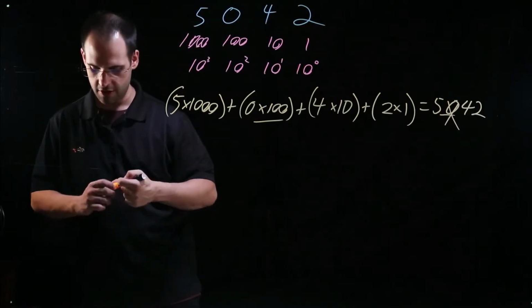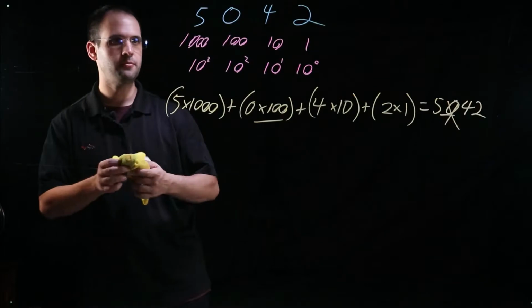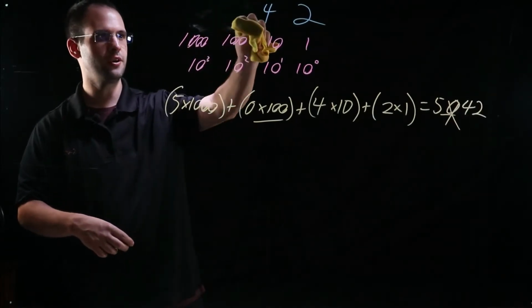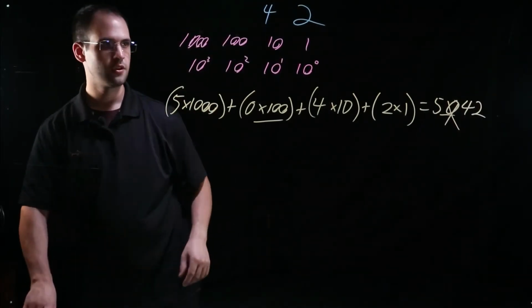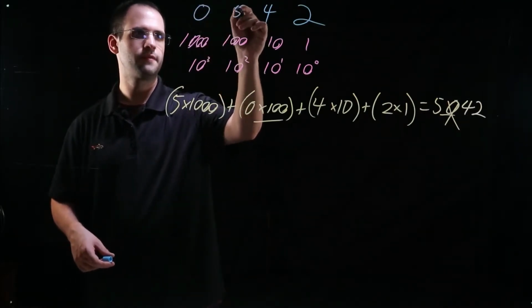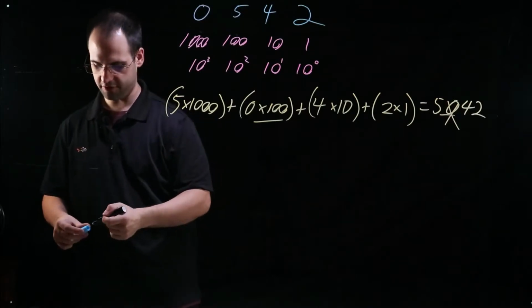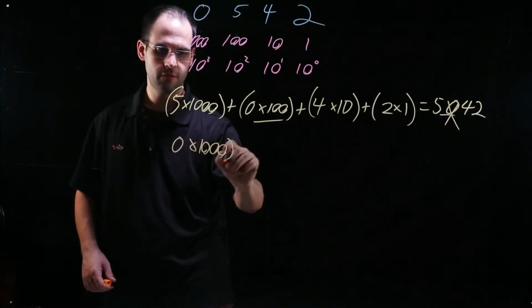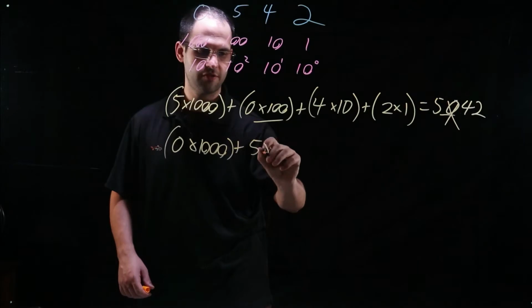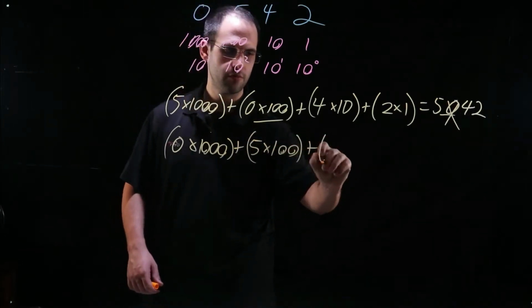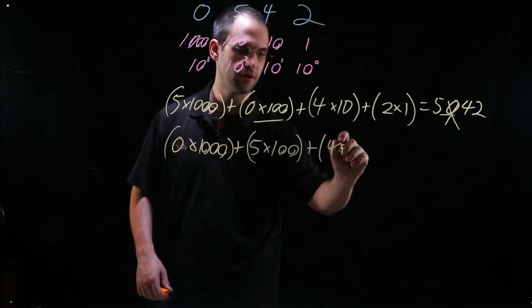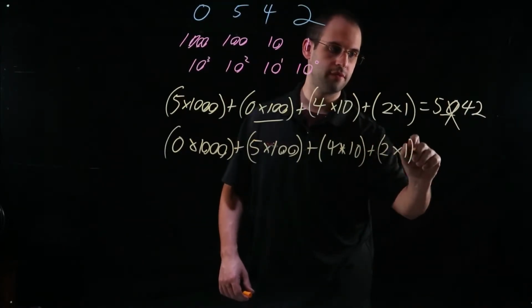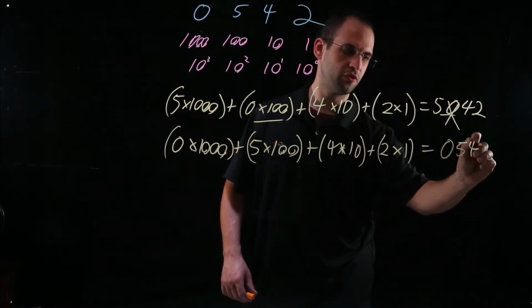Now, there is a catch here. If we swapped these two, let me clean this up a little bit, and we made this 0 and 5, and went through this process all over again: 0 times 1,000, and then 5 times 100, plus 4 times 10, and 2 times 1 equals 0,542.